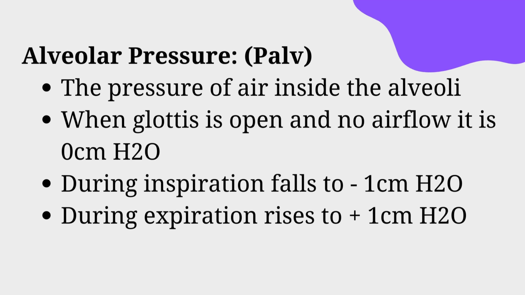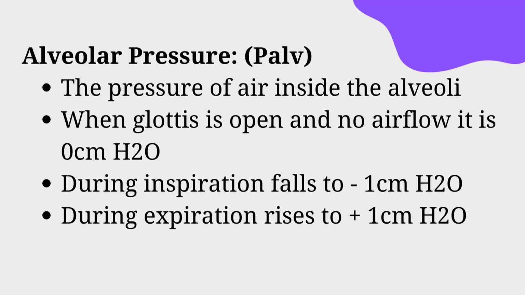The alveolar pressure is the pressure inside the alveoli, the intra-alveolar pressure. Now when your glottis is open and there is no airflow at all, whatever pressure is there outside is going to be the same as inside, because it's going to equilibrate. The pressure is going to balance out throughout the entire respiratory tree.